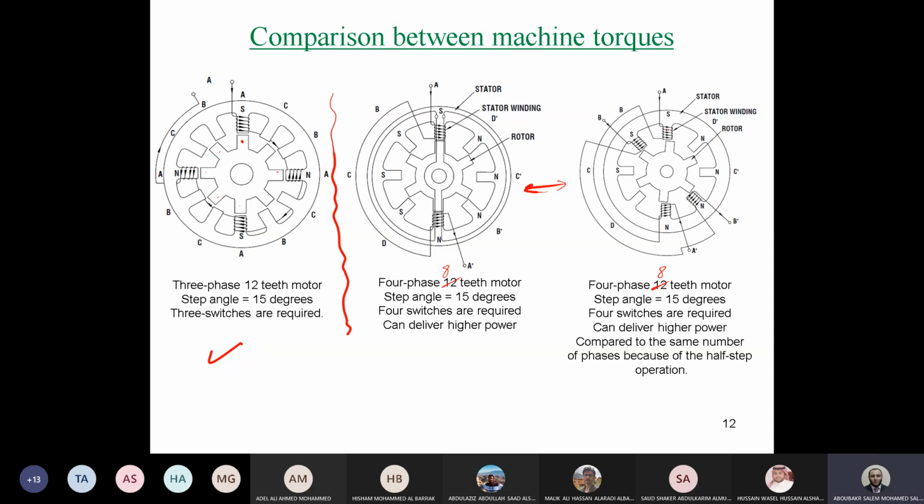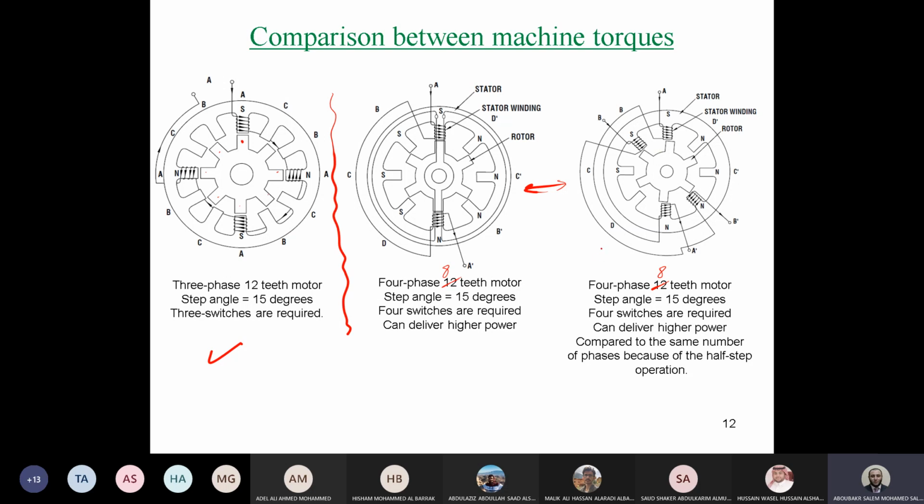As you can see, A here is energized and B is energized at the same time. So if I have more coils energized, and assuming we have equal coil resistance, which means the same current can flow, in this case you will have higher power in this motor.